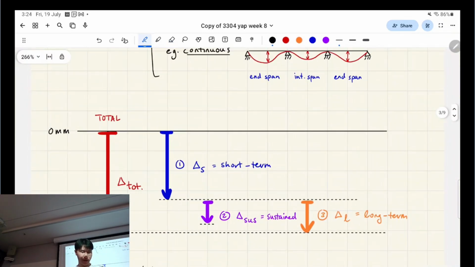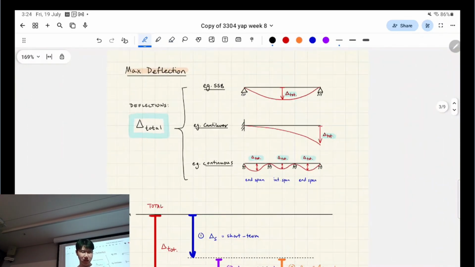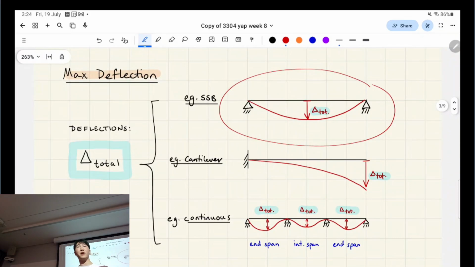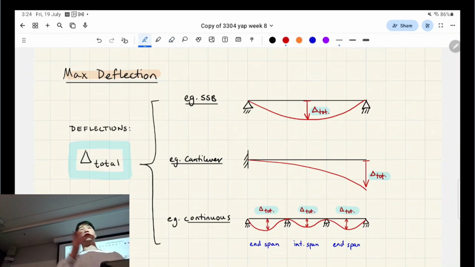Okay, so basically, let's just concentrate on the simply supported beam. So that total deflection in the middle can be broken up into smaller parts, and we break it up based on the time span. So we call it short-term deflection and long-term deflection.